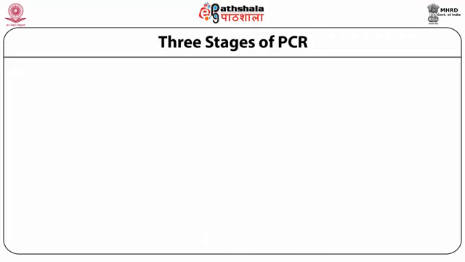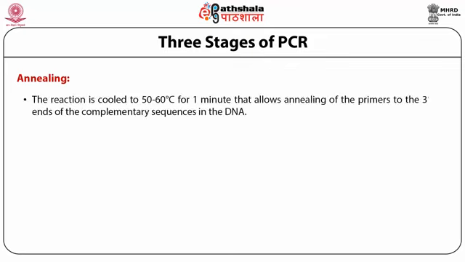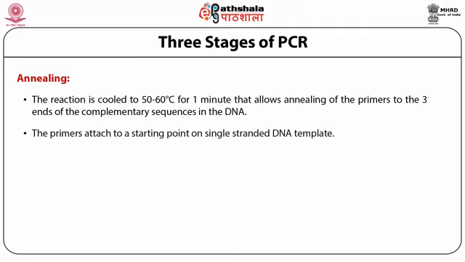Stage 2 is annealing of DNA primers to the single-stranded DNA templates. The reaction, which was at 95 degrees, is cooled to 50 to 60 degrees centigrade for a minute. That allows annealing of the primers present in the reaction mix to the complementary sequences in the DNA. The primers attach to a starting point on the single-stranded DNA template.